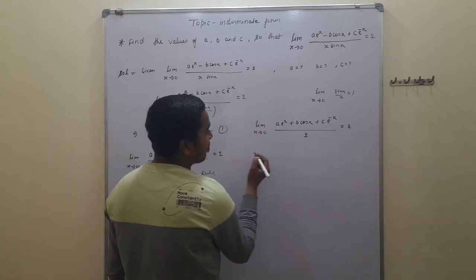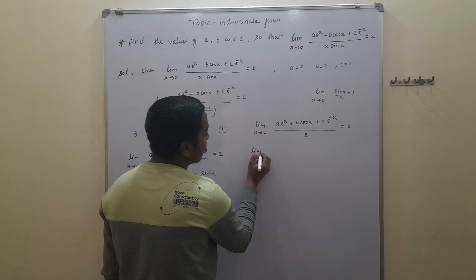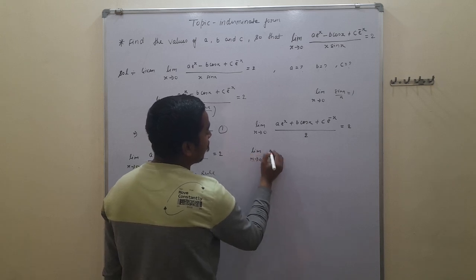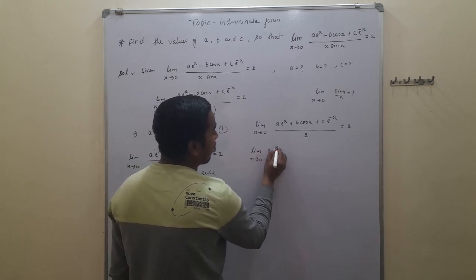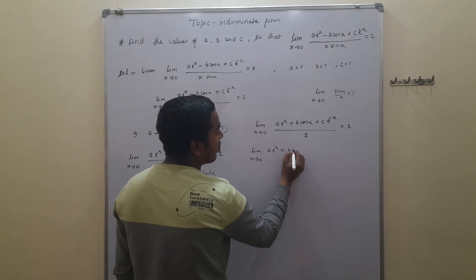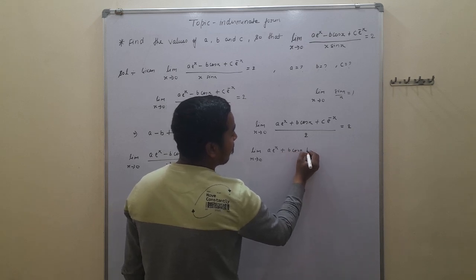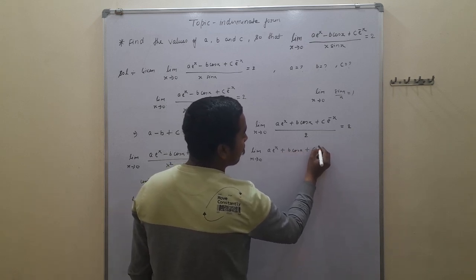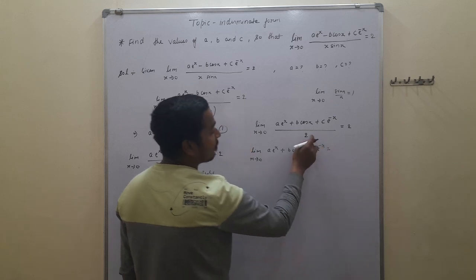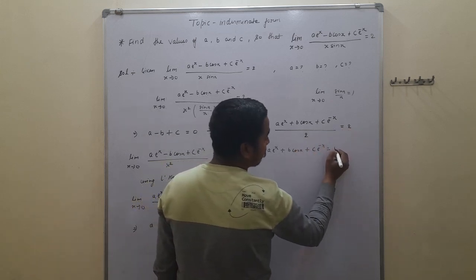Cross multiplying, this gives limit x tends to 0, a e to the power of x plus b cos x plus c e to the power of minus x, and cross multiplying with 2, this gives 4.